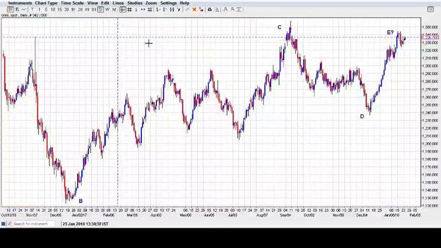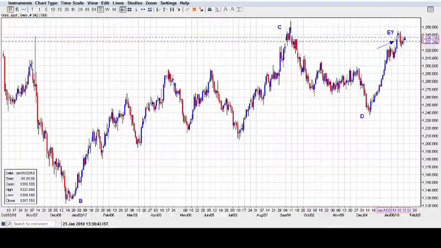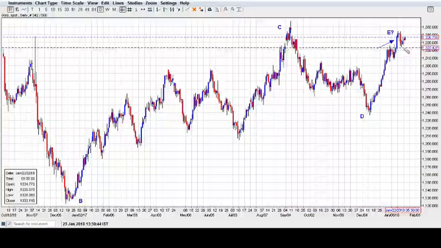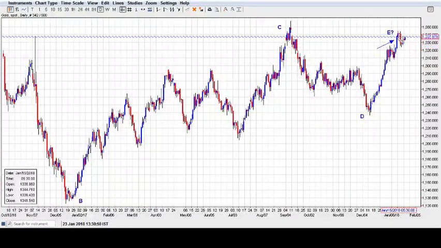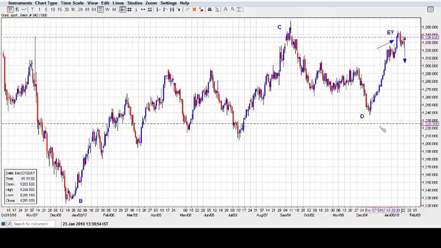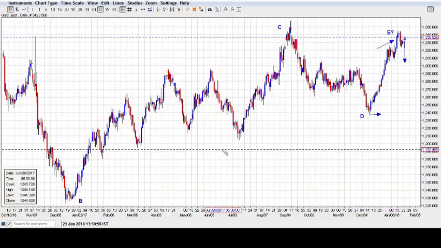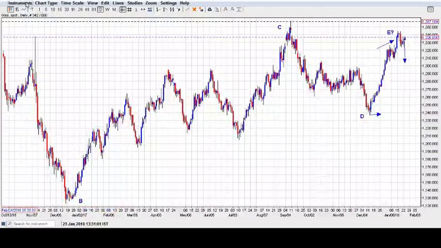That's an evening star also confirmed a few days back. It could be just pulling a sideways action right now between 1323 and 1336. Could be nothing more than that. So watch out for a dip towards the 1310 mark, and then we are soft targeting around the 1236 mark.